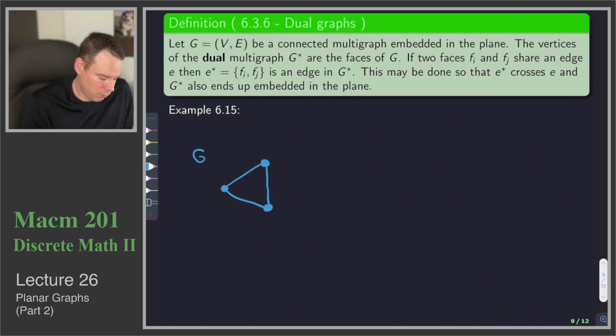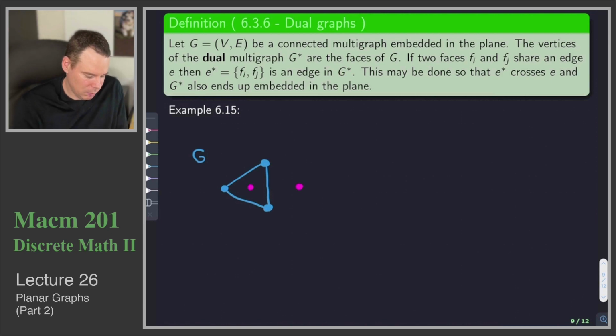Then from this graph, we can construct a new graph where the vertices of my new graph are the faces of this graph. So what I'm thinking of is, instead of labeling F1, F2 as the faces, I'm going to just drop down some vertices right on top of those faces. And now I'm going to construct a graph with these as the vertices. And this is going to be the dual of our graph G.